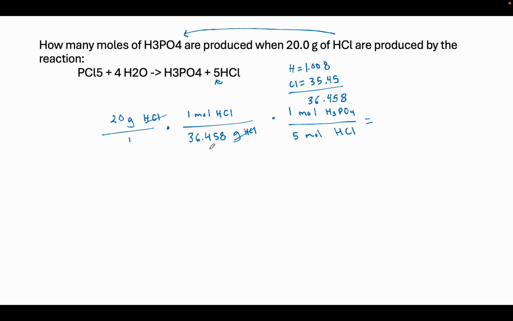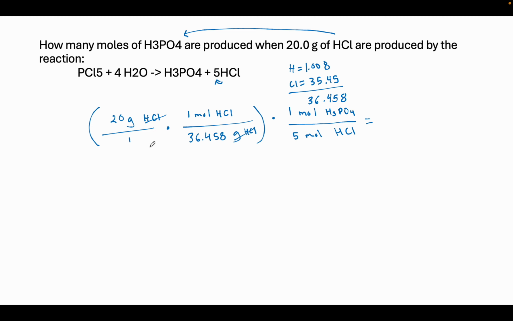So we can see that from just this process we can eliminate A, C, and D because A and C are dividing 20 by 98, and D is dividing 20 over 35.5.